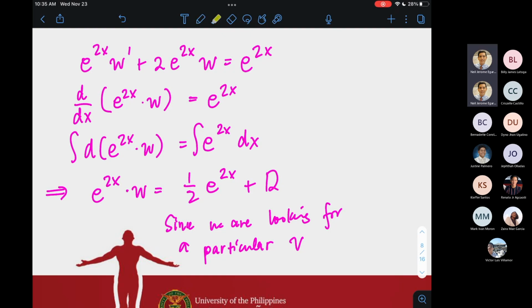Kasi again, ang hinahanap lang natin ay isang particular na v. Hindi natin hinahanap lahat ng posibleng v. Naghahanap lang ako ng at least isang v. So pwede akong magbigay ng value sa kahit na anong arbitrary constant involved in my solution for y sub p, right?